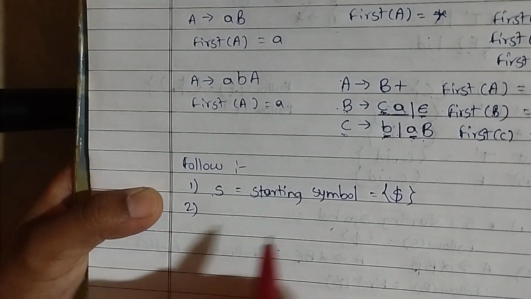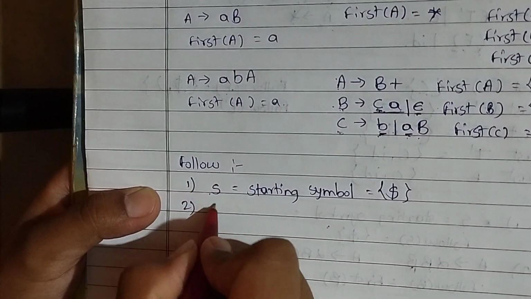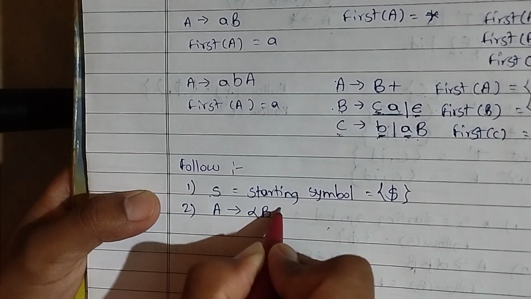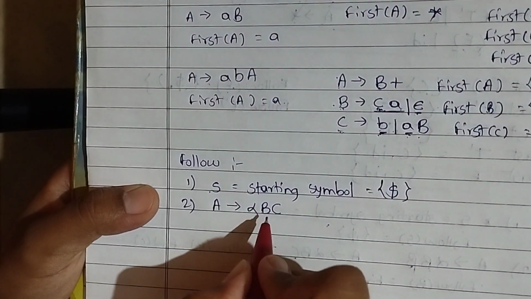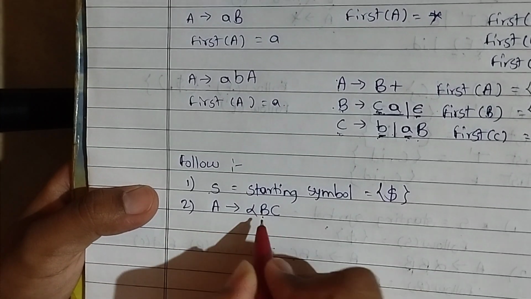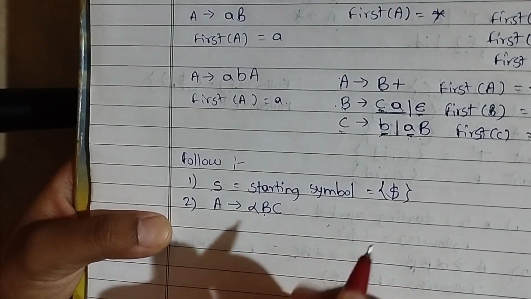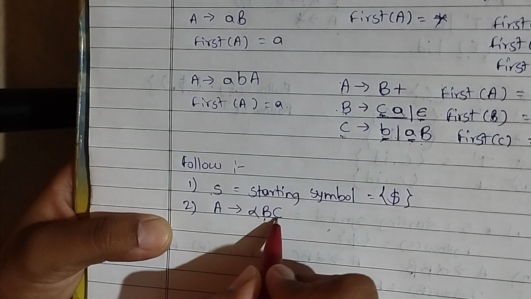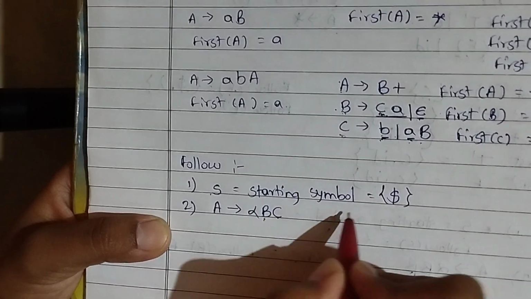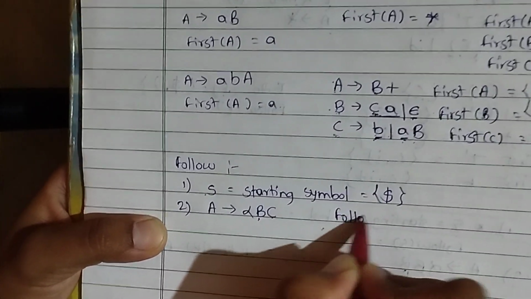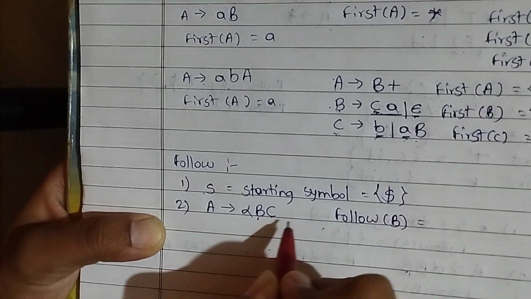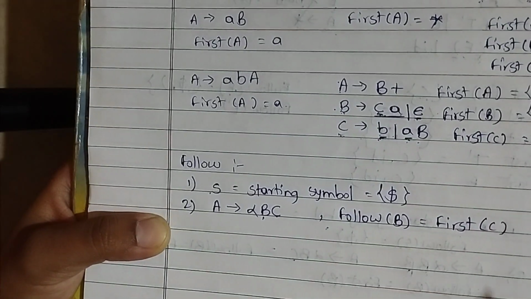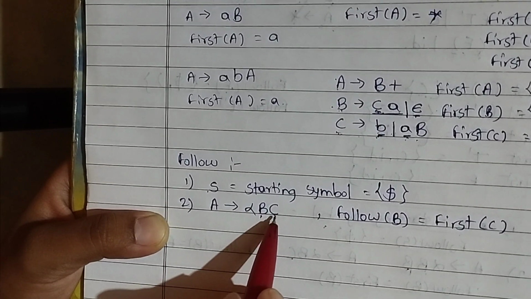Now the second rule is, let's suppose the grammar is like A → αBC. Then we find out the follow of B. We first see in the grammar where B is present, and who follows this B. So B is followed by C. So the follow of B is nothing but the first of C, because C is also a non-terminal, a capital letter.